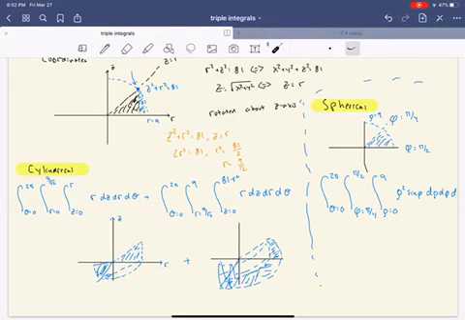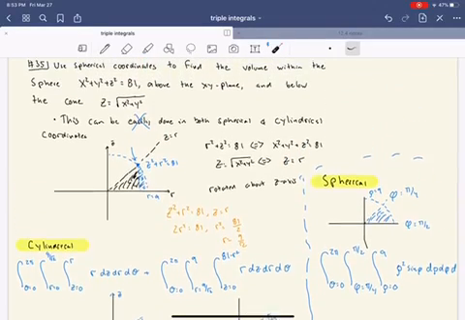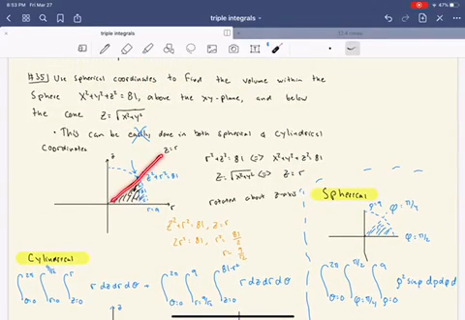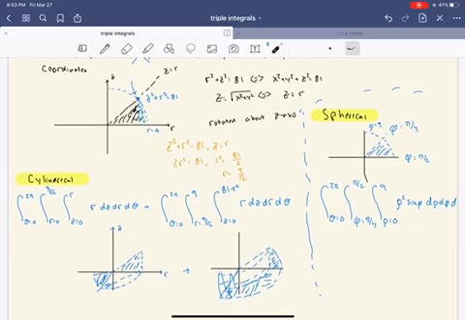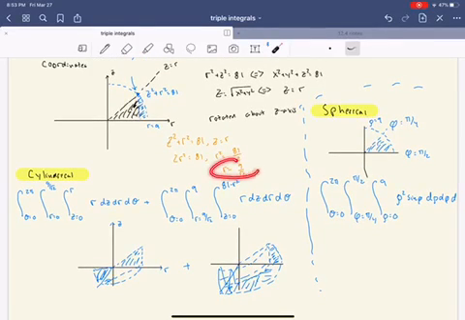Z goes from 0 to r. R goes from 0 to 9 over square root of 2. How did I find that? Well, I took z squared plus r squared equals 81, and z equals r together. Z equals r, that's the formula for the cone, right? And they intersect when r is 9 over square root of 2.